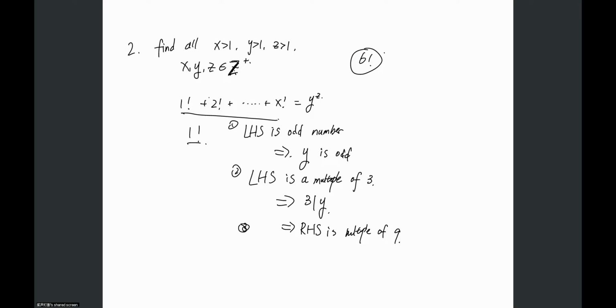So consider 1 plus 2 plus 6 plus 4 factorial, which is 24, plus 5 factorial, which is 120. So this is 3, this is 30, which is congruent to 3 modulo 9.